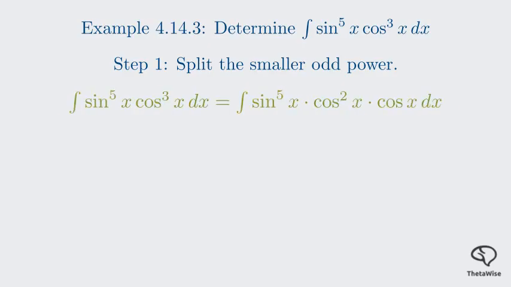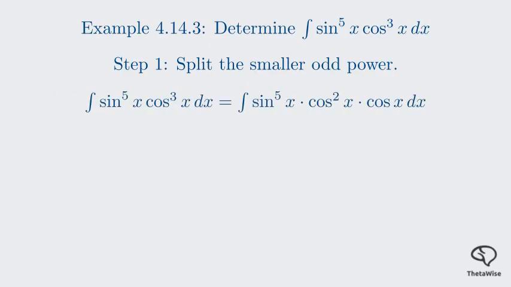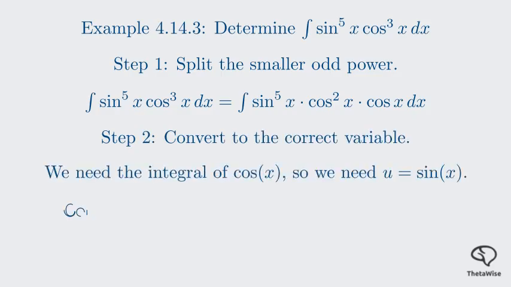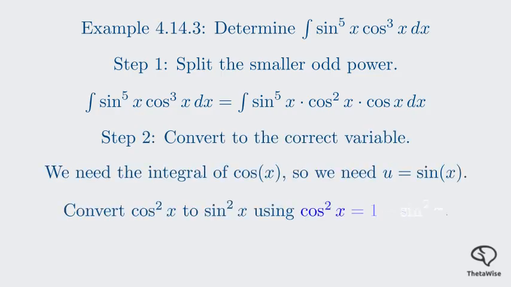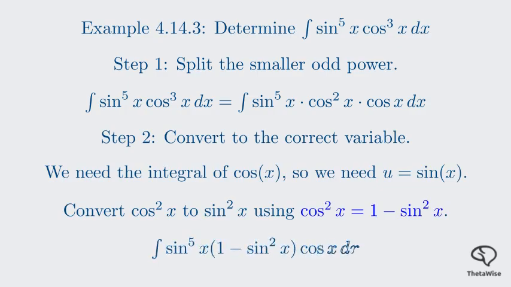Our integral is now sine to the fifth x times cosine squared x times cosine x. The cosine x factor will be part of our du, which means we must convert the rest to sine x. We use the identity cosine squared x equals 1 minus sine squared x. This gives us sine to the fifth x times the quantity 1 minus sine squared x times cosine x.